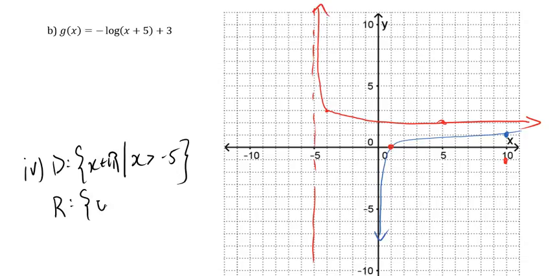The only other time that you might see a slight change in the domain is, and you might have to graph this, or some of the questions might ask about this, if you have a reflection in the y-axis. So if you have a negative on the x, then that will change this sign, and it'll always be less than. And you could take a look at that with some graphing technology and just see that in action.